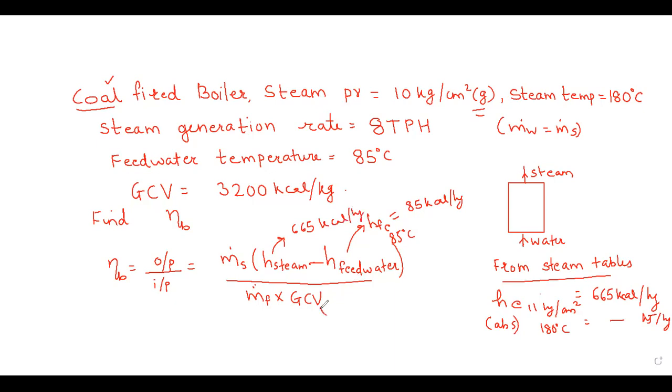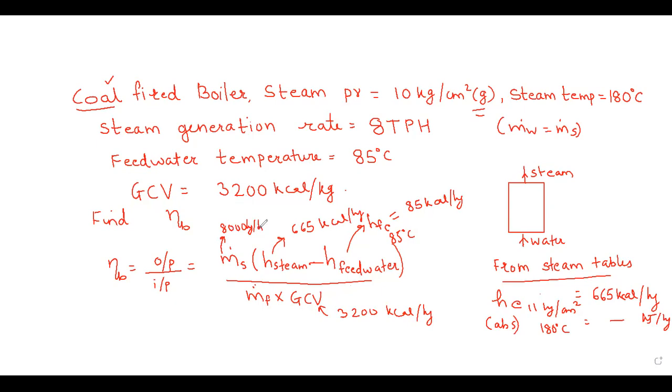And GCV is mentioned to be 3200 kilocalories per kg, and the steam generation is 8 tons per hour. So how much is that? 8 tons per hour would be 8,000 kgs per hour.